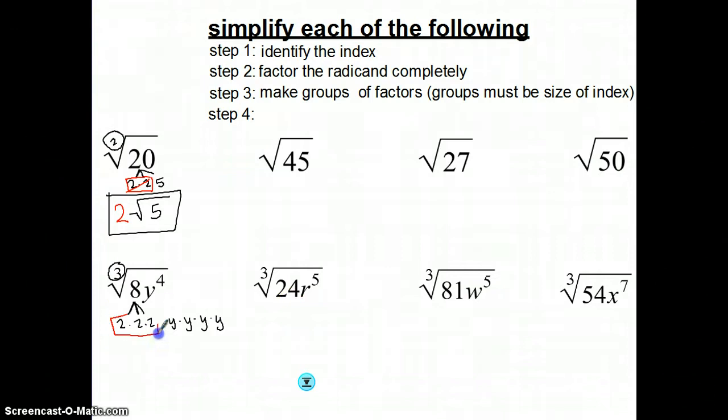I see a group of 3 2's, so I may bring out a 2 to represent this group of 2's. And I also see 3 y's that I may bring out, 1 y to represent this group of y's. The only thing that didn't group up was this y, so that remains inside my radical with an index of 3. Go ahead and pause the video and try the next few on your own.